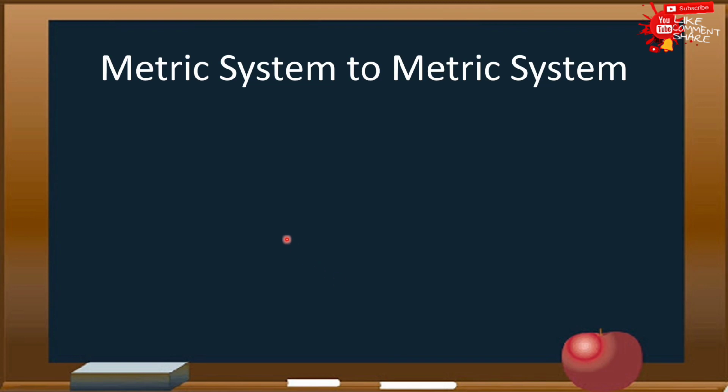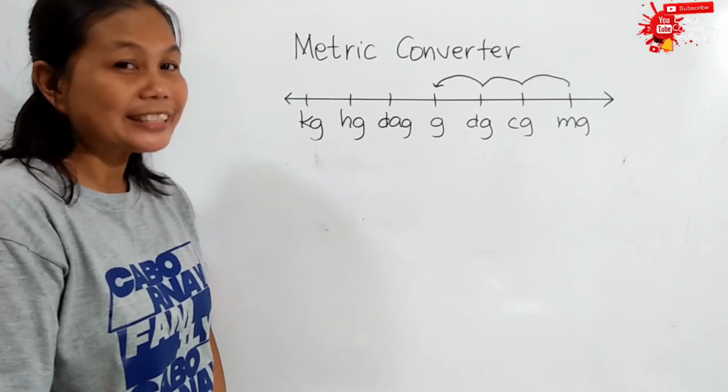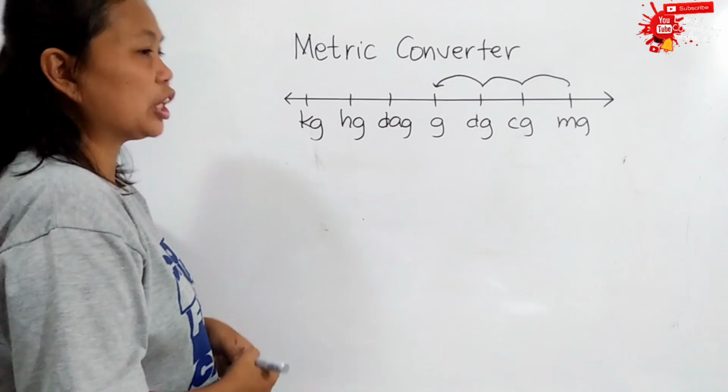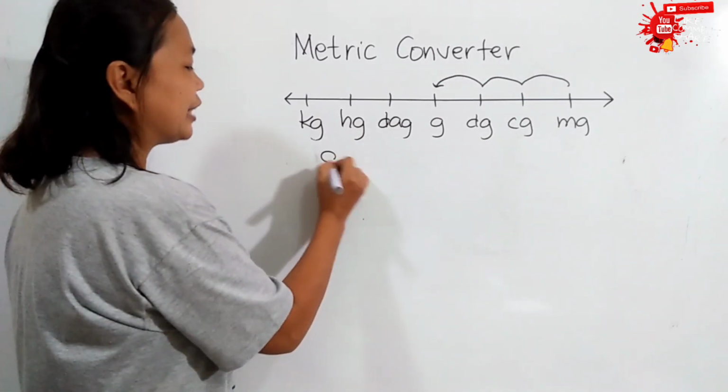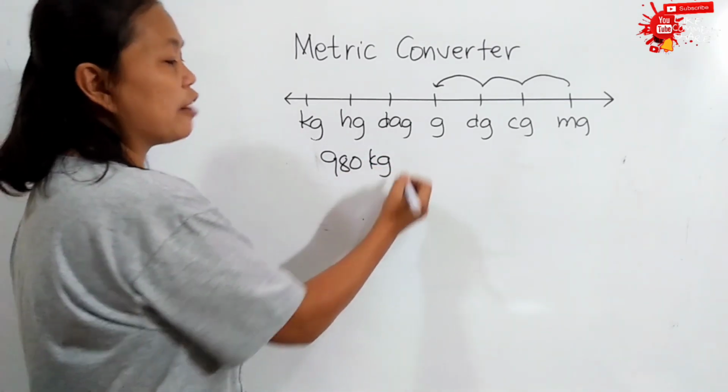Our example number 2 for the conversion of units for mass. In your village, the garbage collector collects 980 kilograms of garbage every day. How many metric tons of garbage in 30 days can they collect? Based on the second problem, the garbage collector collects 980 kilograms of garbage every day.